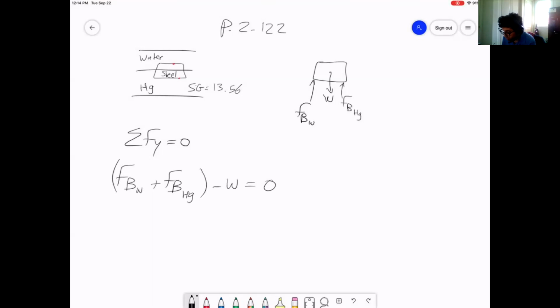So how would you find the weight of the block? Let me see. Remember, the problem gives the specific gravity for steel, 7.85.